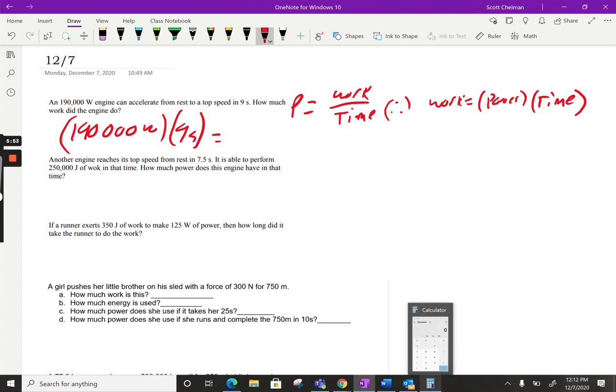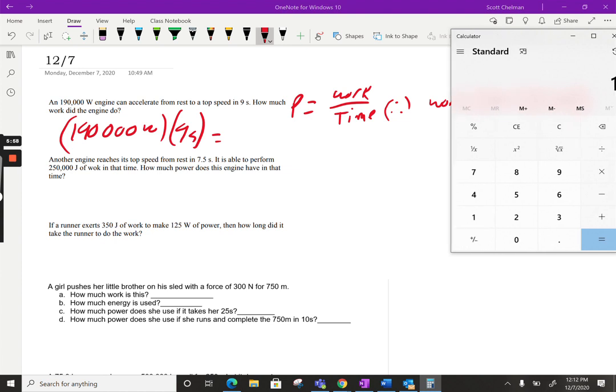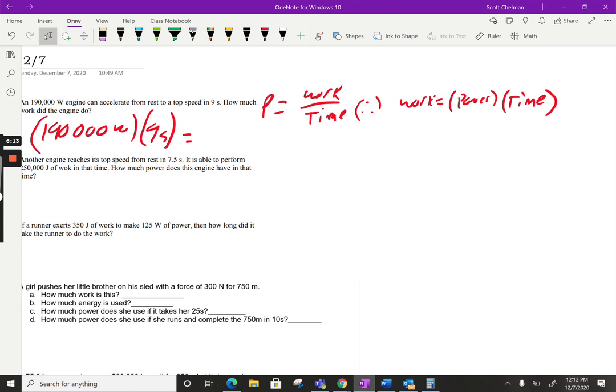And according to our super calculator here, you get 1,710,000 joules. All right? Okay, any questions on that? Everybody got that? No big deal.